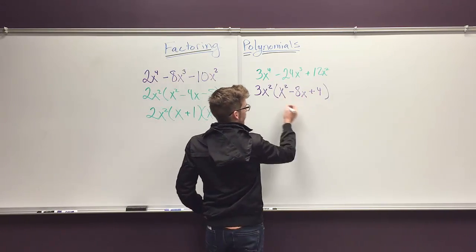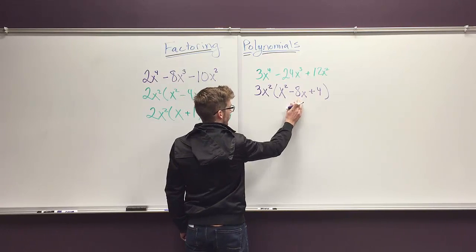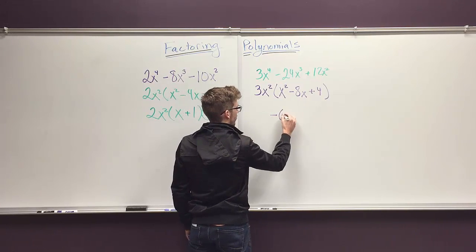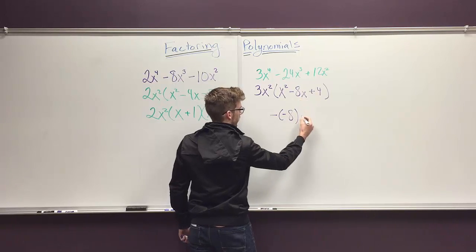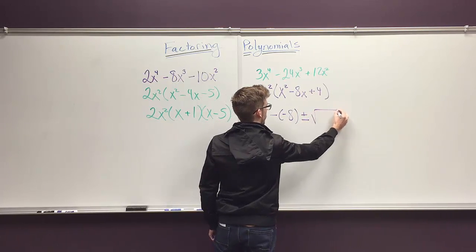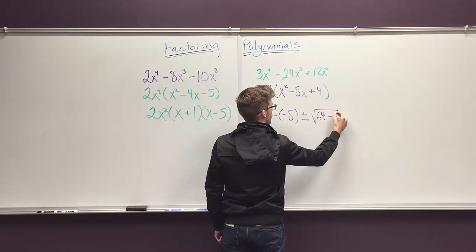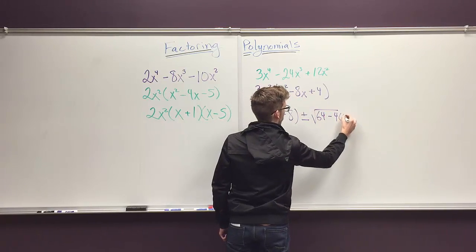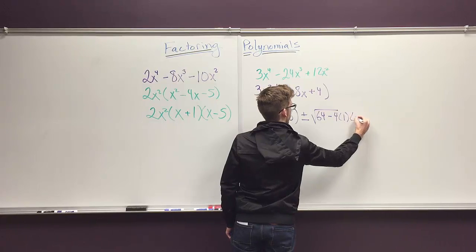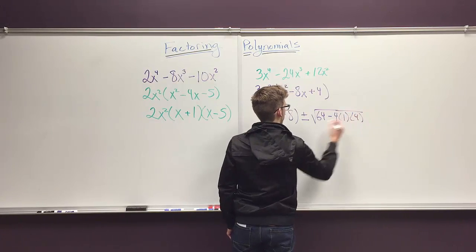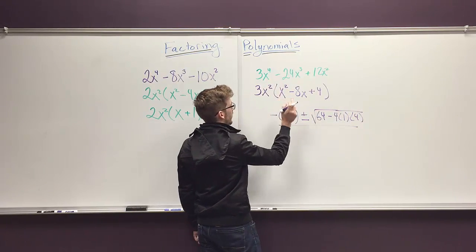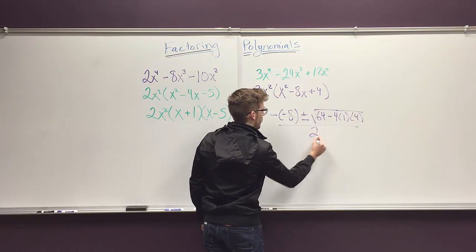So in this case, when we factor this, we've got to use the quadratic formula, which is negative b plus or minus the square root of b squared, well, that's 64, minus 4 times a, which is 1, times c, which is 4, all over 2a. Well, a is 1, so we just have 2.